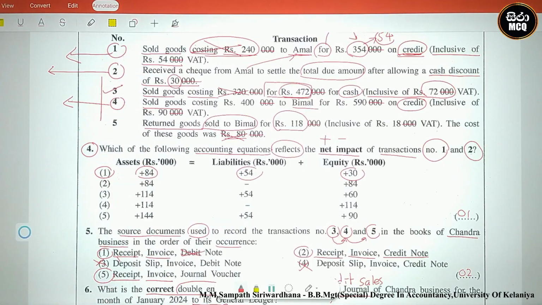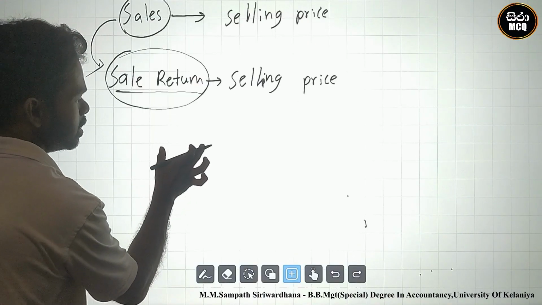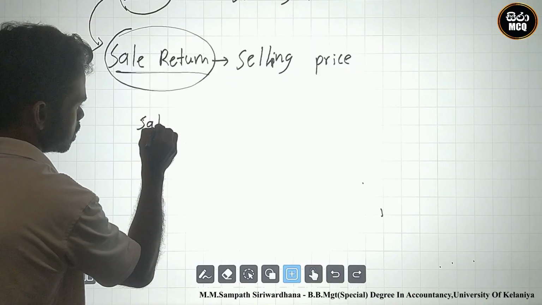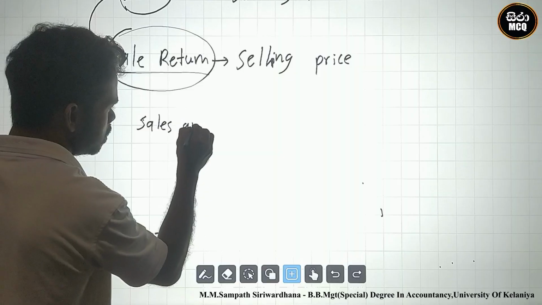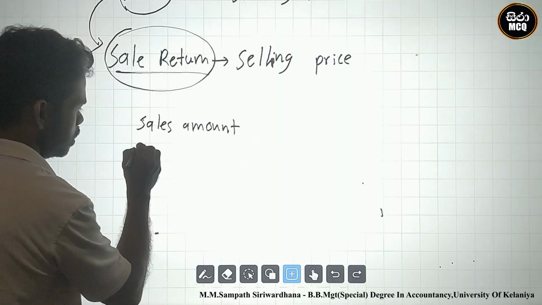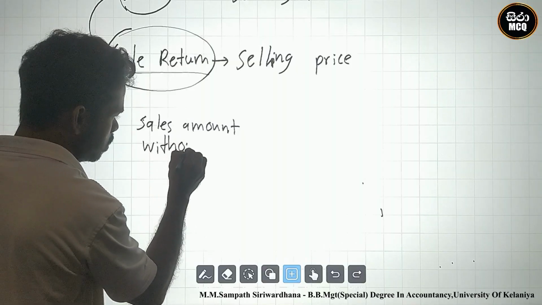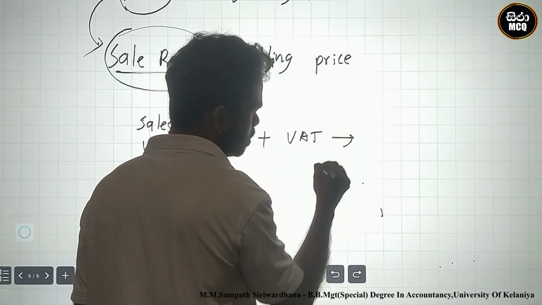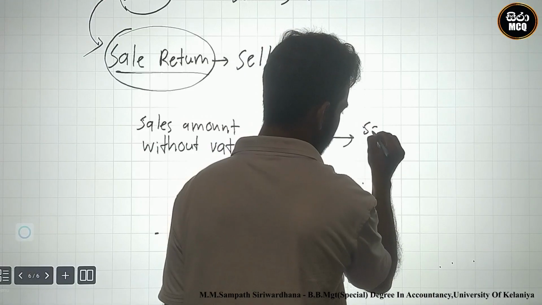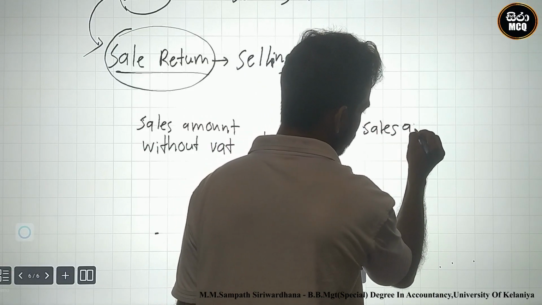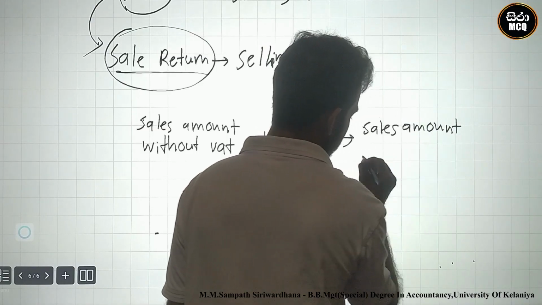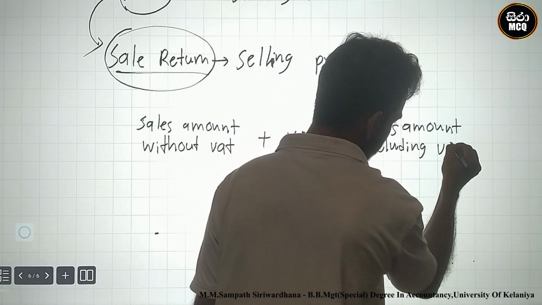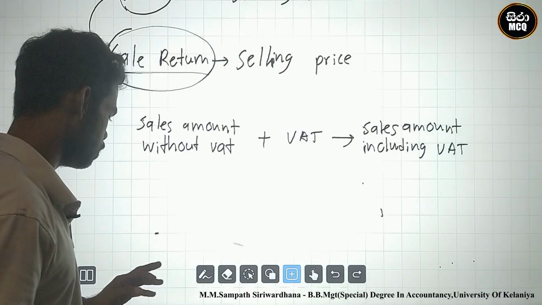At this sales return point we must schedule again the sales amount without VAT, and we add the VAT amount and we get the sales price again, the sales amount including VAT. We must focus on this schedule.